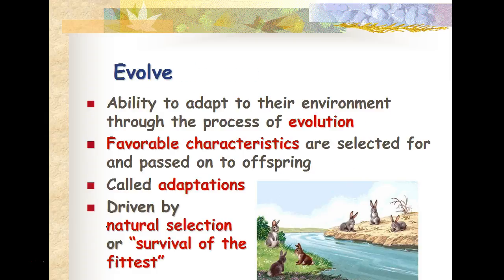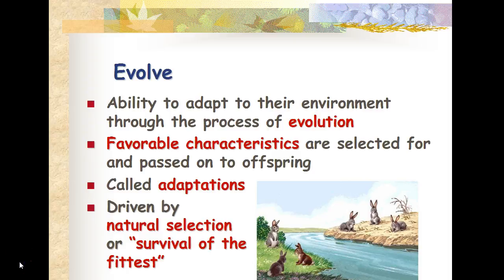All right, evolve or evolution. All organisms have the ability to adapt to their environment, and this is a process called evolution. Like we talked about earlier, it's just small, gradual changes over time. The most favorable characteristics are the ones that are selected and passed to the offspring. When I say favorable, that just means the ones that allow them to survive their environment and pass those traits on to their offspring.